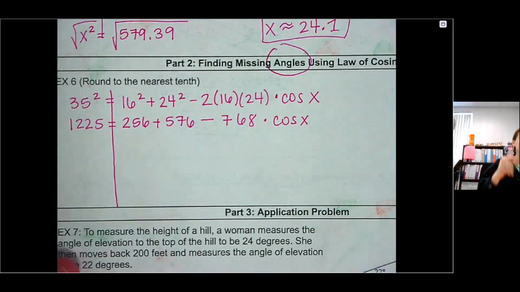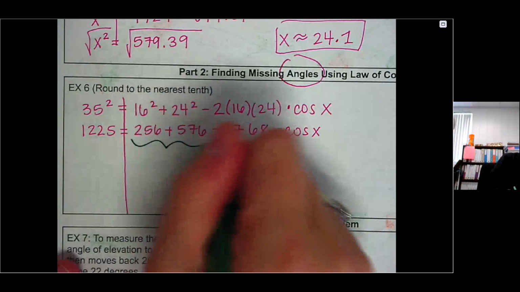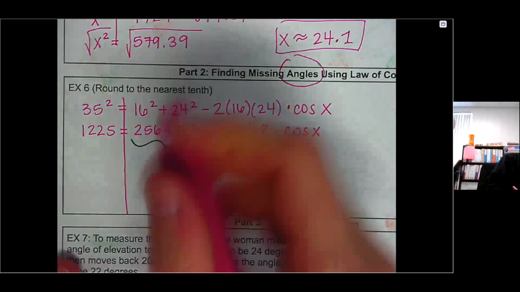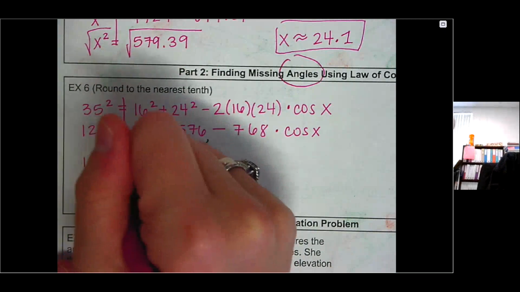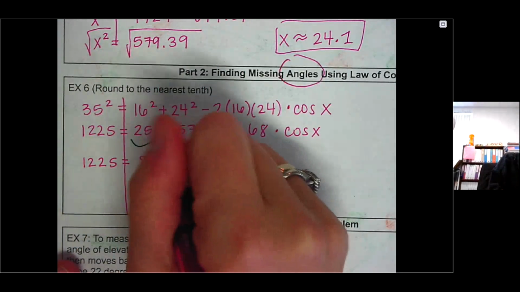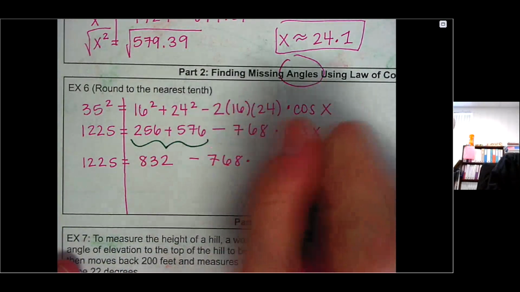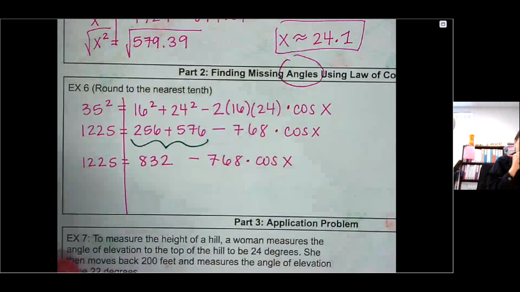And my next step is now I'm going to combine some like terms here. So I'm going to put together the 256 and the 576. And I get 832. Bring down everything else, minus 768 times cosine of x.